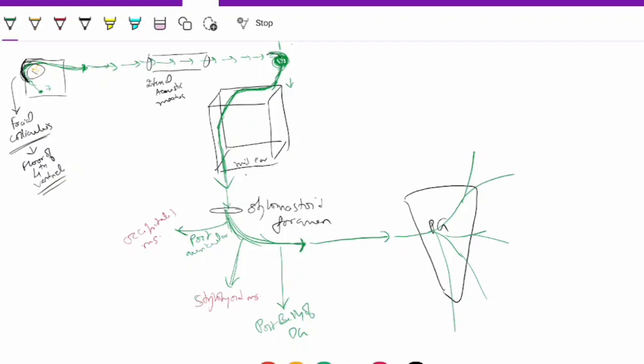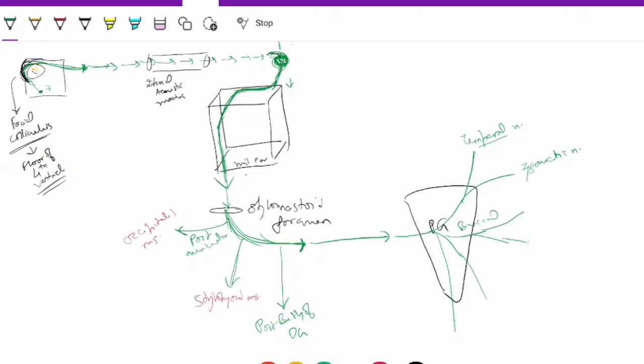The first division is known as the temporal nerve, and these are the facial branches of the facial nerve. So this is known as the temporal nerve, this is known as the zygomatic nerve, this is known as buccal.